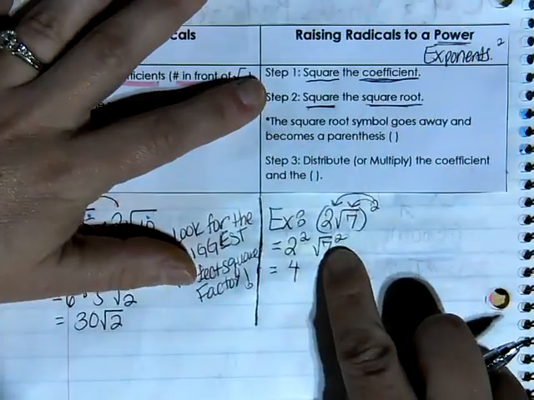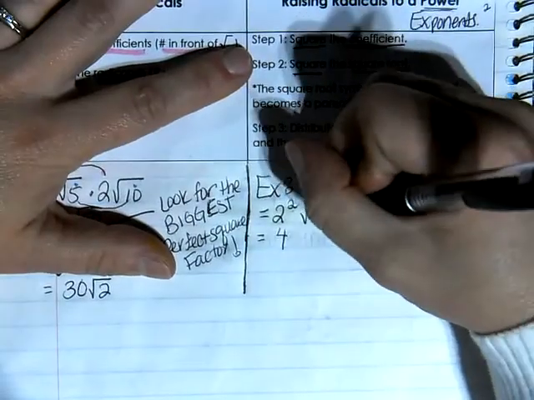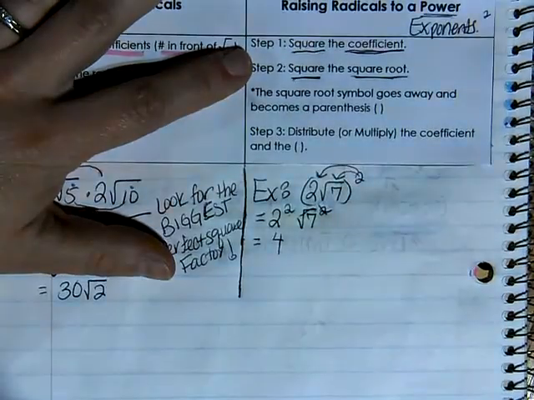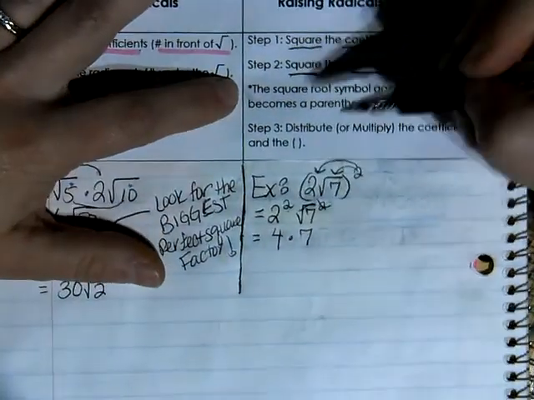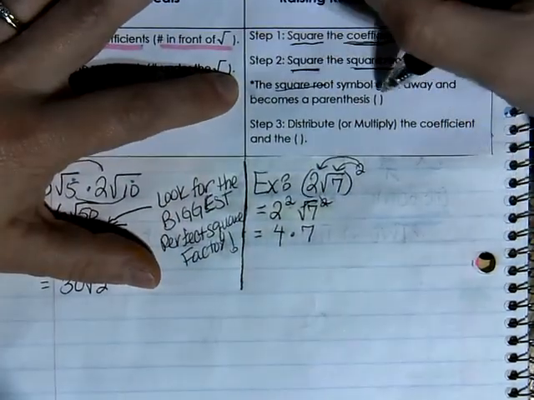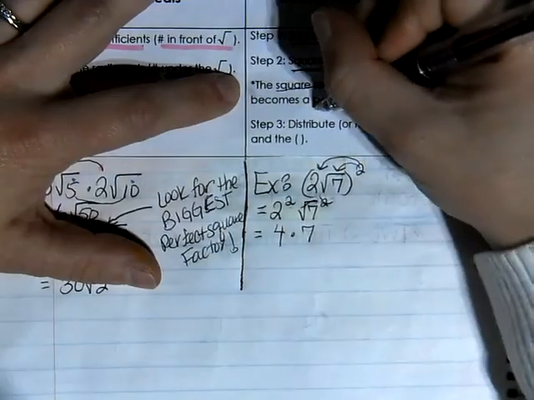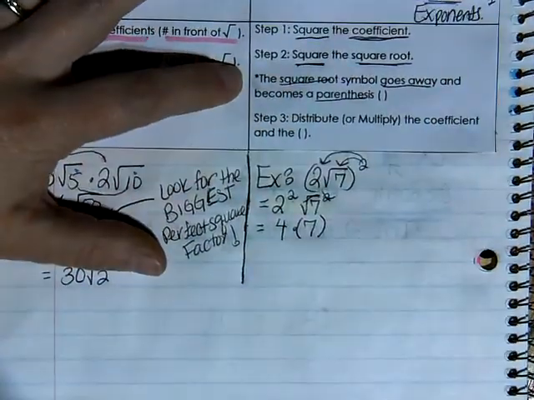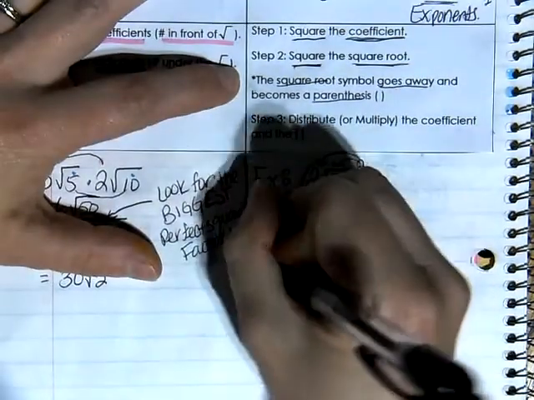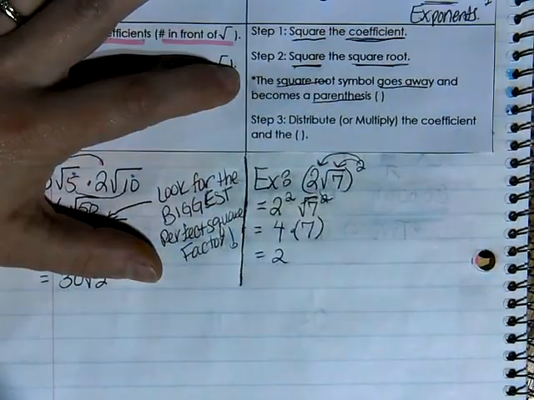And what's really cool is that the square and a square root eliminate each other, leaving you with just the number 7. Note that the square root symbol goes away and becomes parentheses. So we're just going to turn it into parentheses. 4 times 7 is 28.